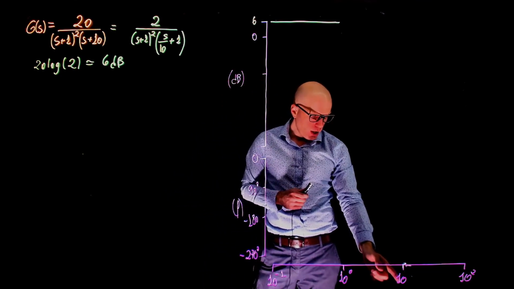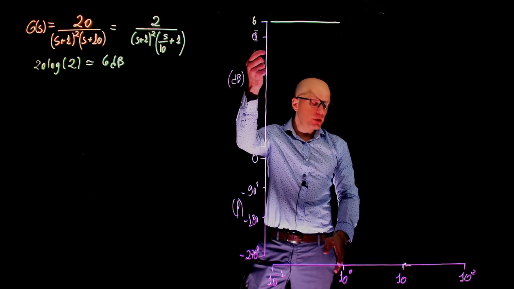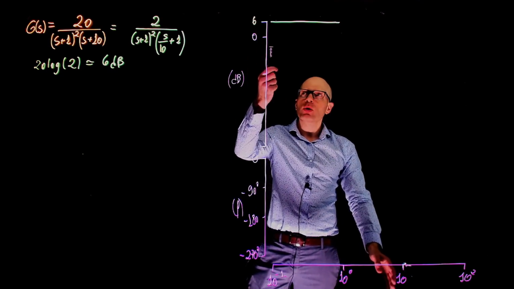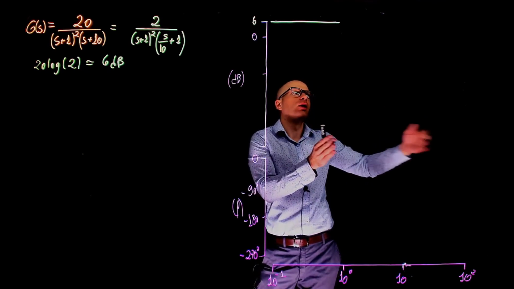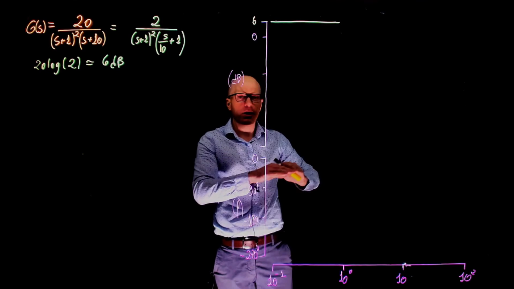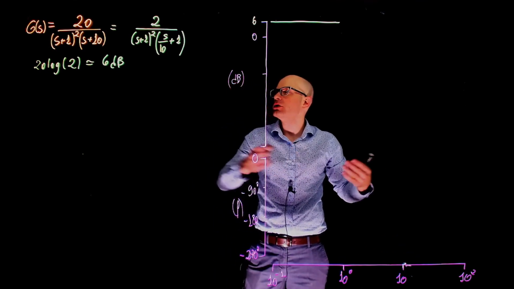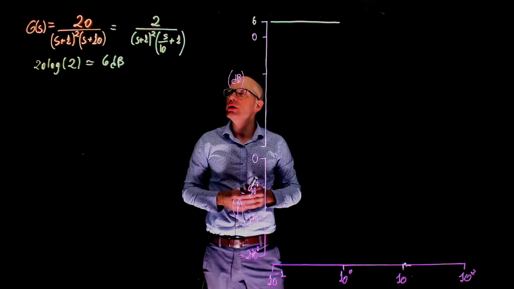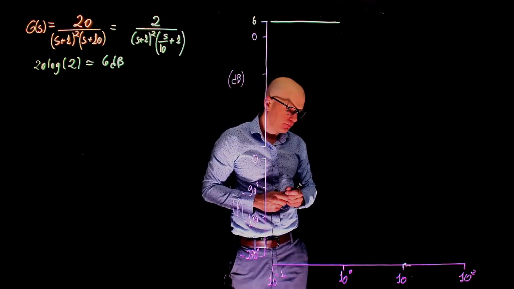Which means that when we are 1 decade from now, so we are at 1, 6 dB, when you are at 10, we are at 6 minus 40, because you are moving on by a factor of 10 in the frequency. We go down by 40 decibels per decade. Why 40? Because you have two poles at 1, each pole contributes negative 20 dB per decade.